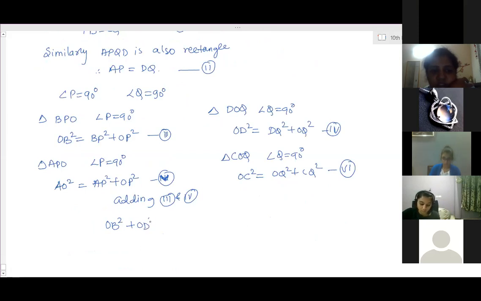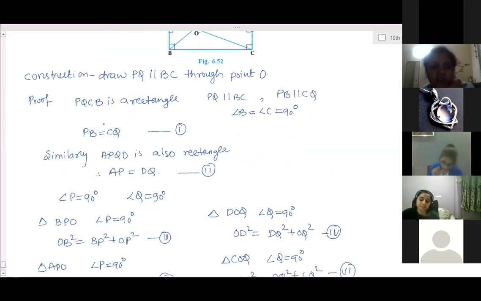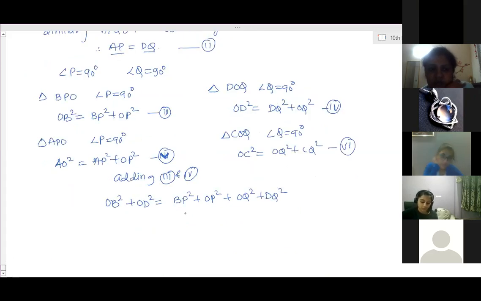OB square plus OD square is equal to BP square plus OP square plus OQ square plus DQ square. Just now we have shown BP is equal to CQ and DQ is equal to AP. Replace them. So BP square is equal to CQ square and DQ square is equal to AP square.